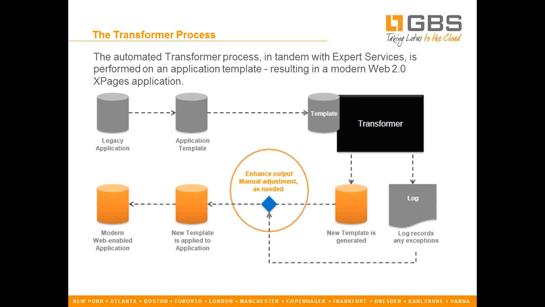The transformer generates XPage output into that application through an analysis process that I'm also going to discuss later. We're able to see exactly what can and cannot be transformed, resulting in any manual remediation within that application as required. And the end result is a new template with the traditional Domino design present, such as forms, views, outlines, etc., in addition to new XPage design elements, which can then be utilized from that template to deliver a modern web-enabled application.